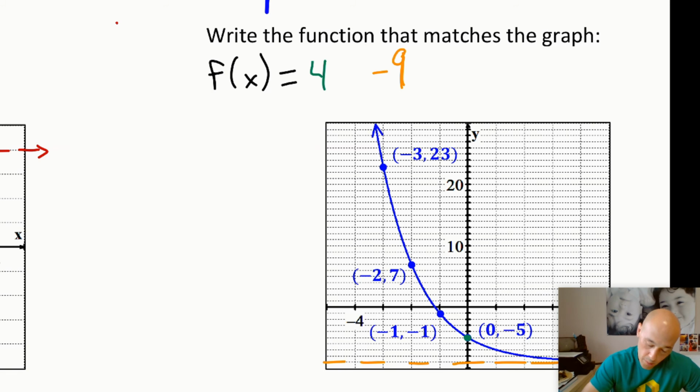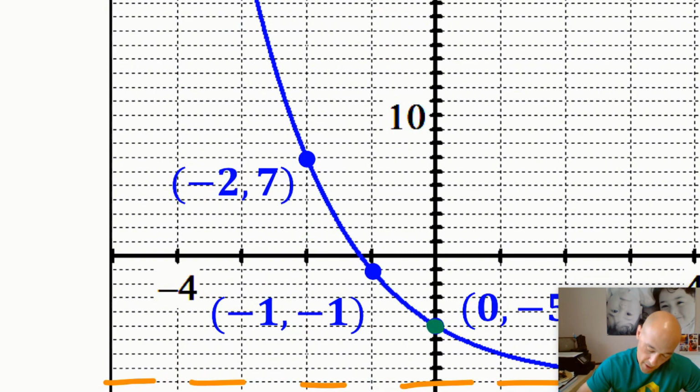And then our multiplier, well, if we went up 9 units, then we would have this one right here. 1, 2, 3, 4, 5, 6, 7, 8, 9. It would be there at a y value of 8.